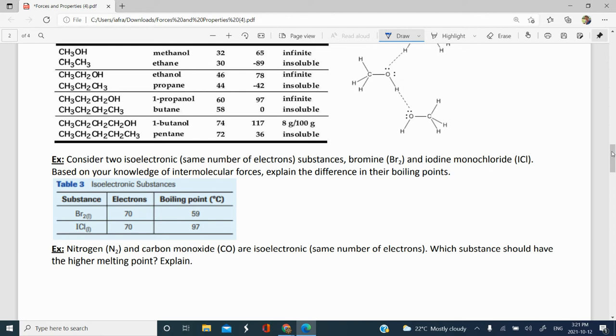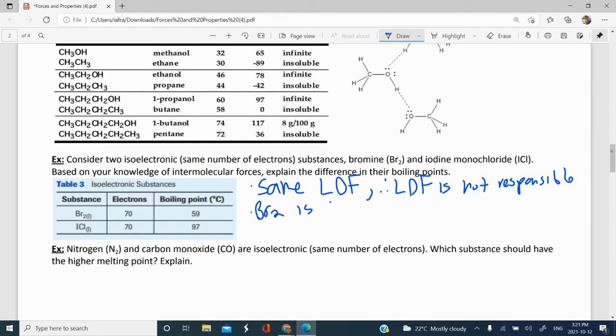And so what I'd be looking for in a question like this is you tell me that they would have the same LDF. Therefore, LDF is not responsible for the difference. But what I want you to tell me next is Br2 is nonpolar because it's a diatomic molecule, but ICl is polar.